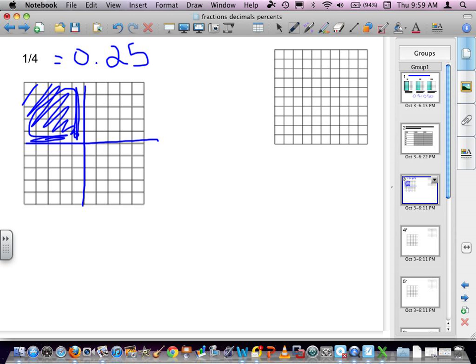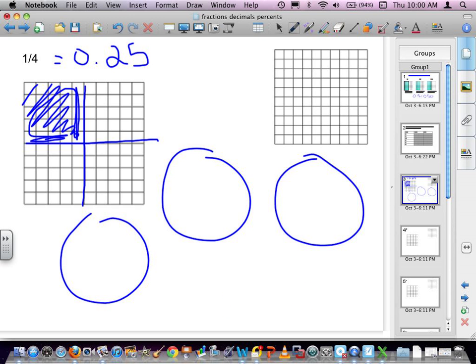We could have also taken a flat like this and said, well, I want to fair share it in 4 equal groups, so then I'd have to start trading, right? So if I took a flat and wanted to fair share it in 4 equal groups, how much would go in each group? 0.25. I'd take and I'd share 2 rods in each group, right?